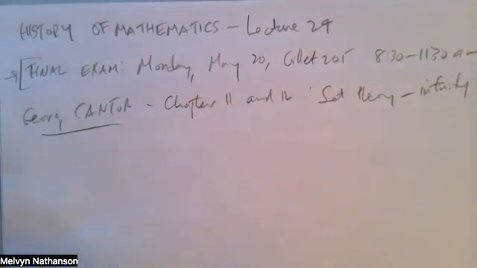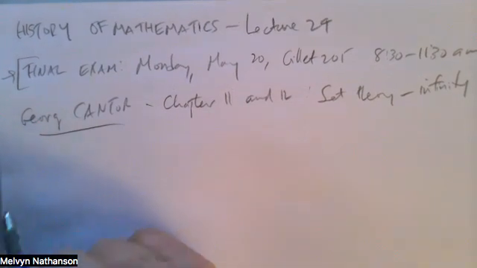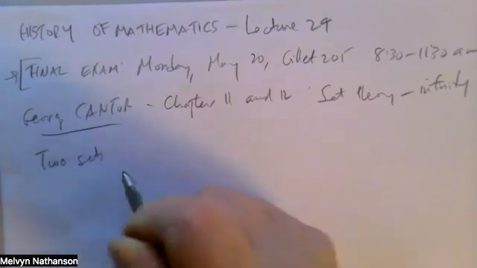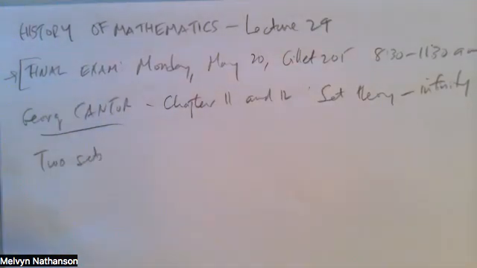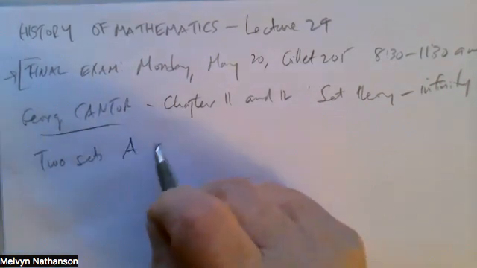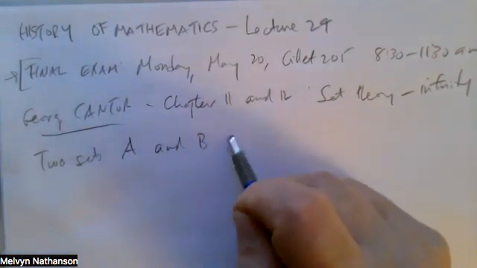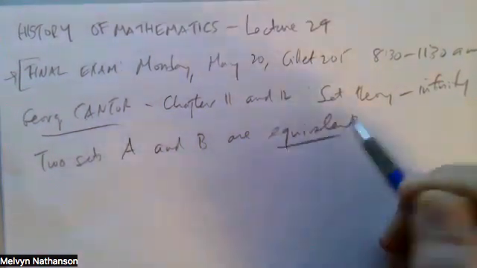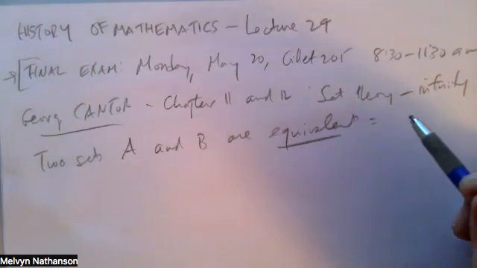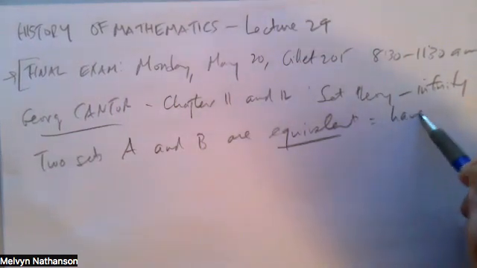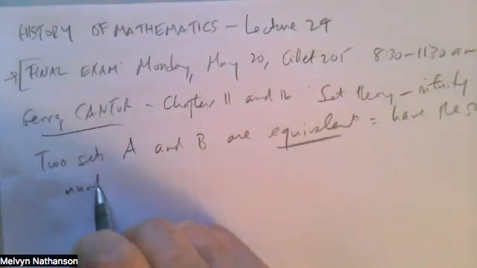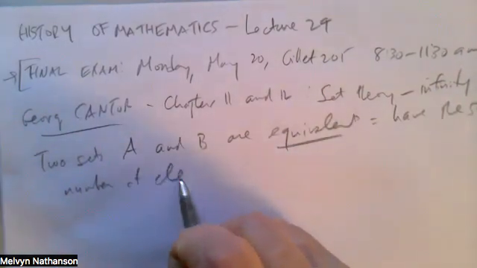So the fundamental definition is the following. Two sets, you can call them anything you like, A and B, S and T, X and Y. Let's say two sets, A and B, are equivalent, which means they have the same number of elements.